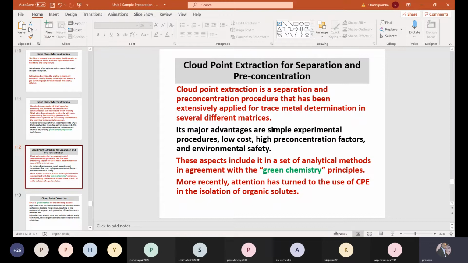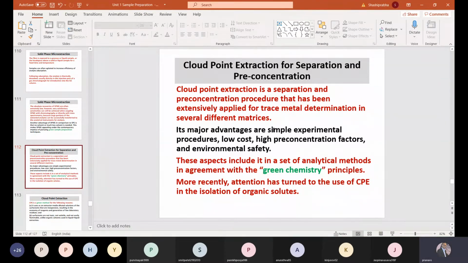At many places you will find cloud point extraction. The major advantages are simple experimental setup, low cost, high pre-concentration factor. That means it can pre-concentrate to a very large extent. Concentration बहुत कम है तो ये ज़्यादा कर देगा. That means it can take up in small volume without using organic solvents.